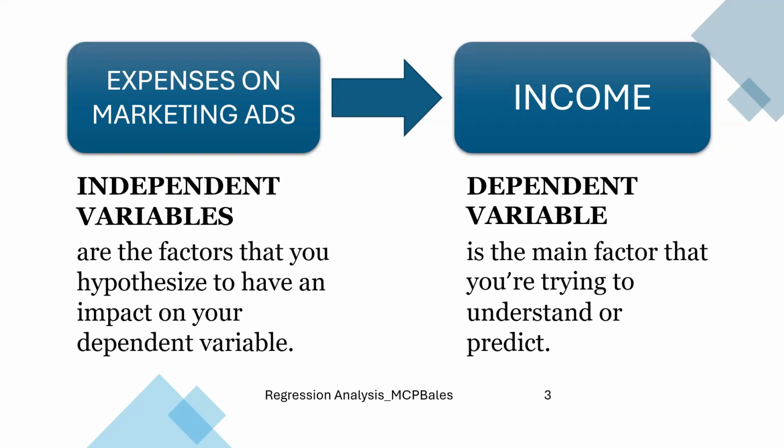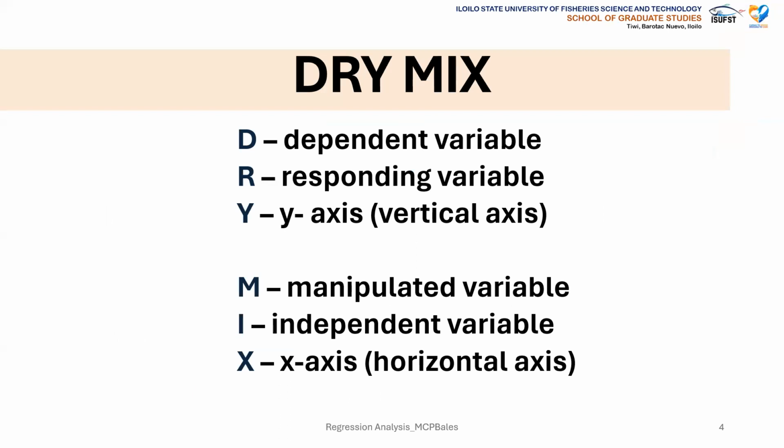So in this case, the expenses on marketing ads on the left is an independent variable and maybe could be used to determine if it really impacts income or not. So just remember the acronym DRY-MIX. D stands for dependent variable, R is the responding variable, and it should be found on the y-axis or the vertical axis.